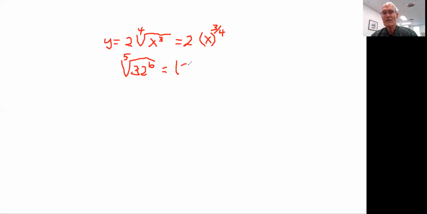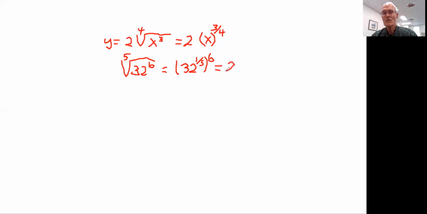But if I do 32 here and I raise it to the 1/5 power, which is the same thing as taking the 5th root, and then I raise that answer to the 6th power. See, the 5th root of 32 is 2.